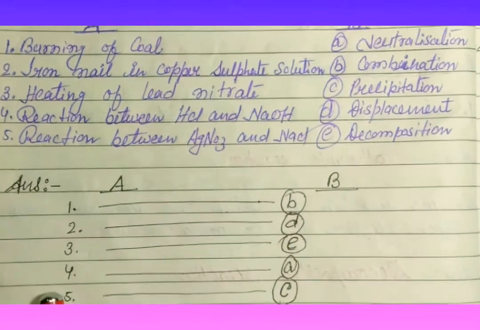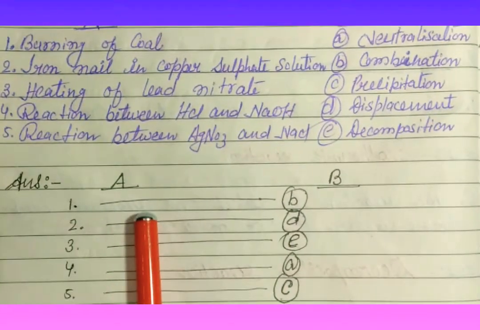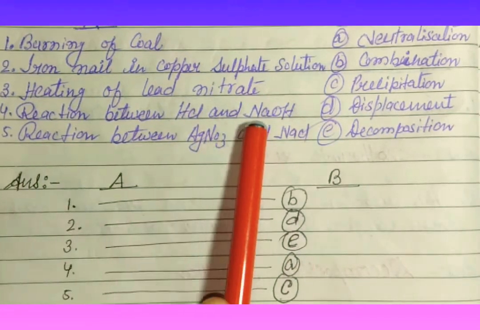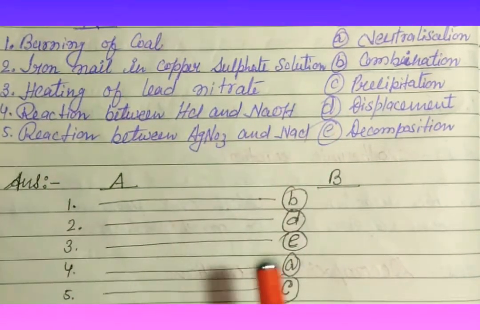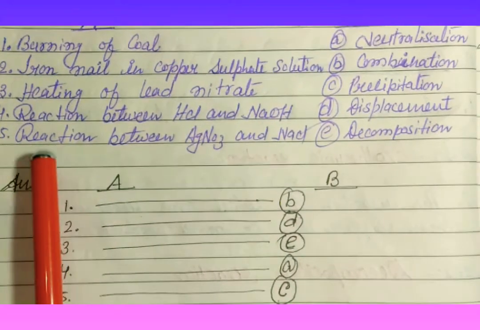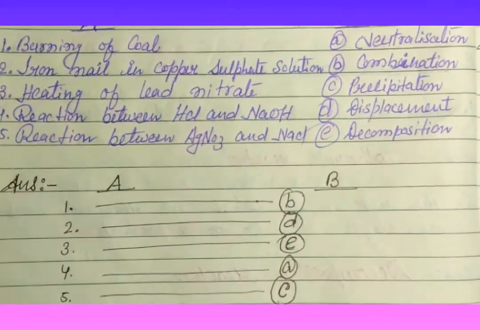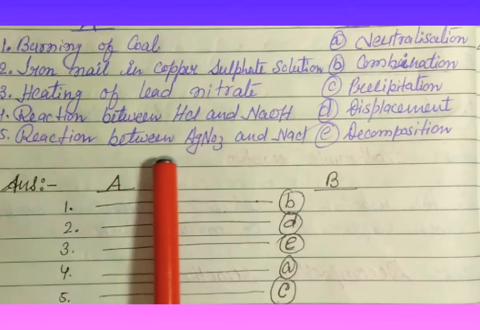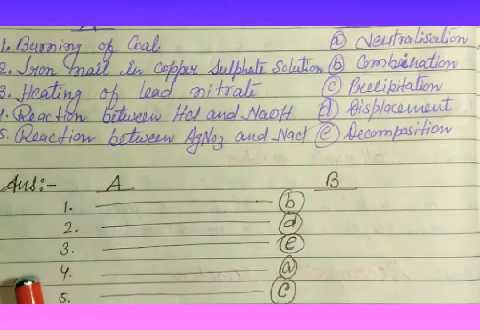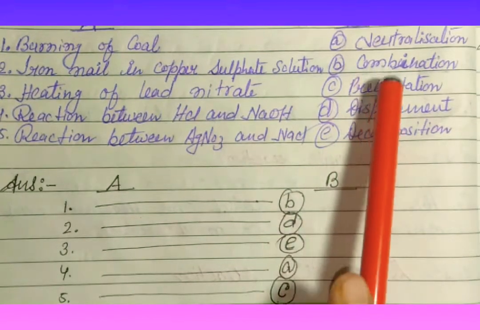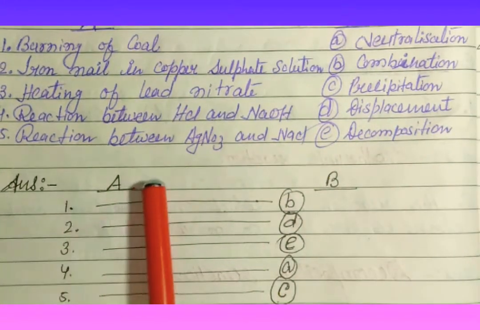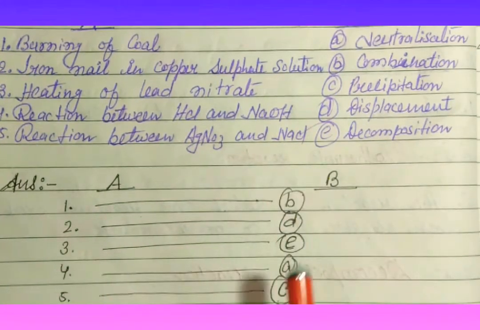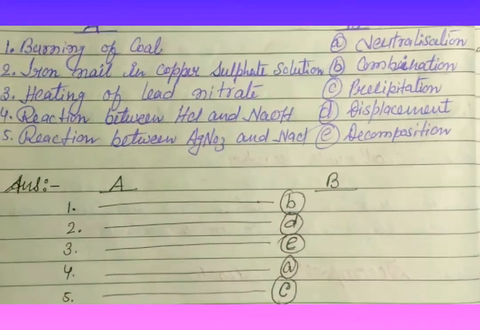The answer will be: burning of coal, combination; iron nail in copper sulfate solution, displacement; heating of lead nitrate, decomposition; reaction between hydrochloric acid and sodium hydroxide, neutralization; reaction between AgNO3 and NaCl, precipitation.